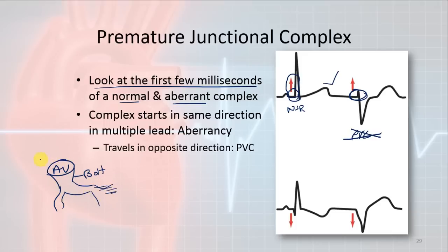What happens is when an impulse travels through this area here, all of the cells depolarize. Now, cells have an all or none property of depolarization. That means if a cell reaches threshold, it will depolarize.